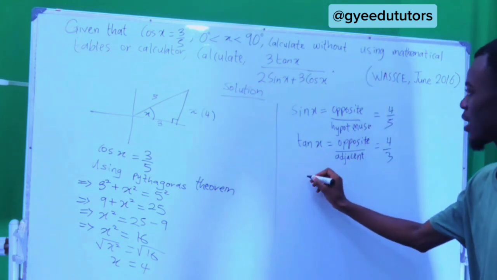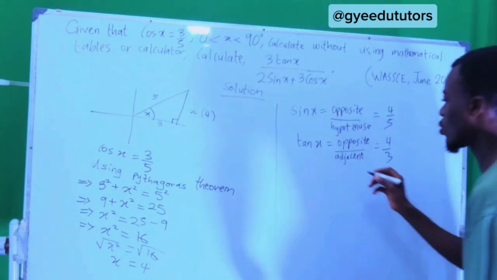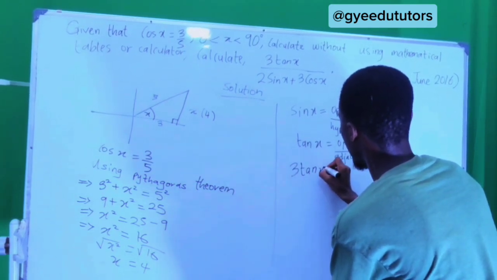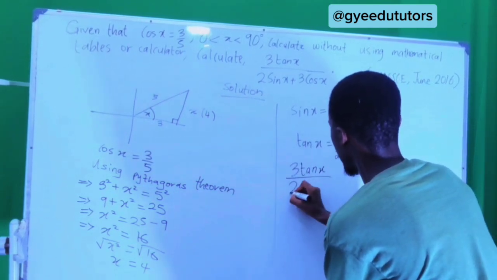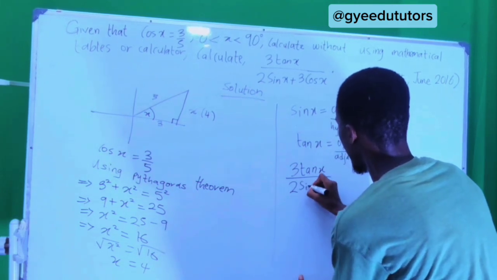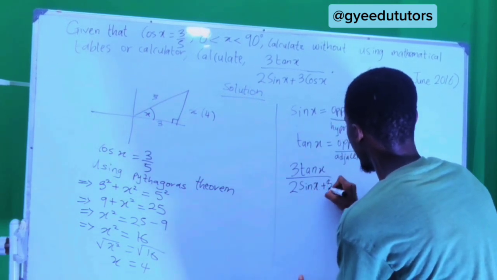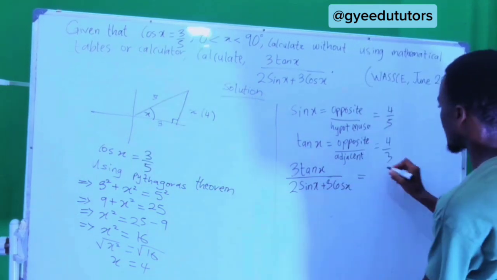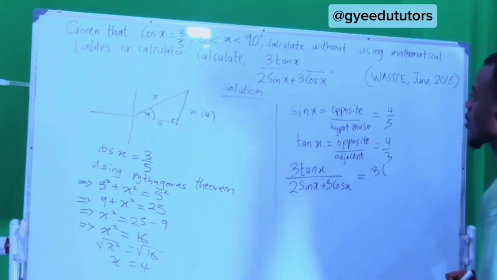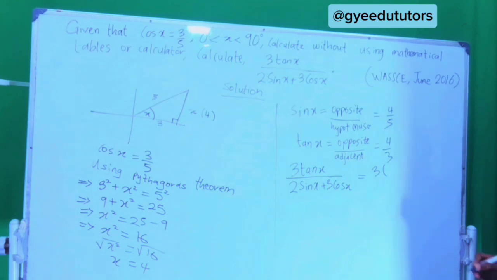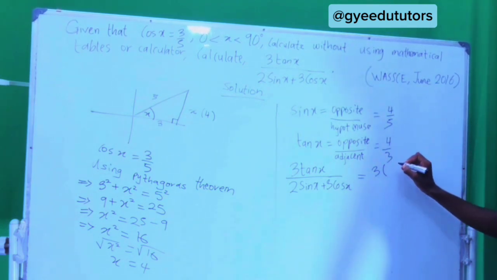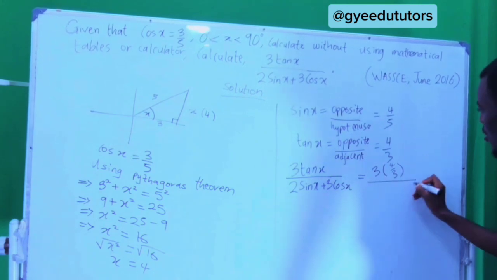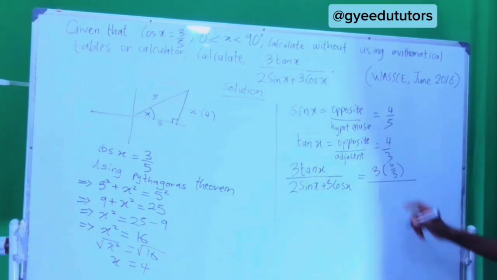So now the first step is to calculate 3 tan x over 2 sin x plus 3 cos x, which is equal to: tan x is 4/3, and sin x is 4/5.